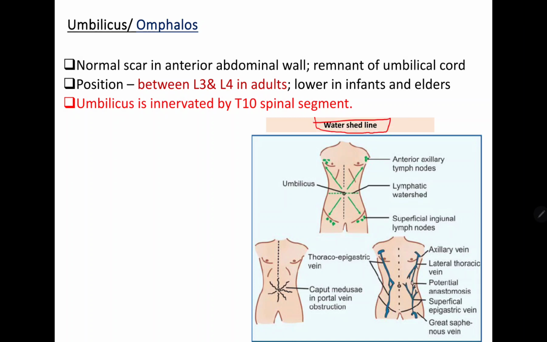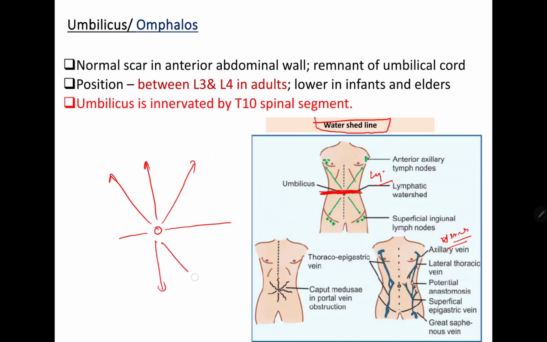What exactly is the watershed line? We have the transumbilical plane. This concerns the lymphatic as well as the venous drainage. Here we have the umbilicus, and this is the transumbilical plane.